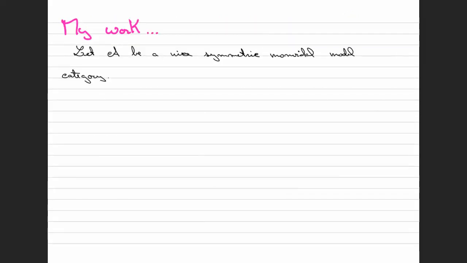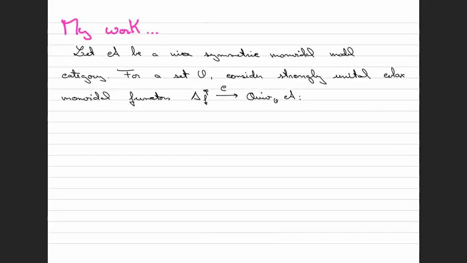So for any generic nice symmetric monoidal model category, scary words. Symmetric monoidal means we can enrich over it. Model means that it has weak equivalences. Nice means that I want to work with them. For a set O, we consider strongly unital colax monoidal functors like this.